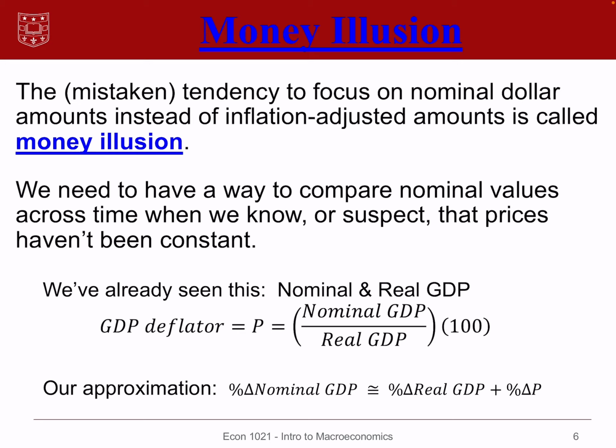And we also saw this in our approximation that we'll come back and use a little bit later, where this right here is the inflation rate. So it's this idea that looking at nominal values conflates or blends together changes in the underlying real value of a variable and inflation.